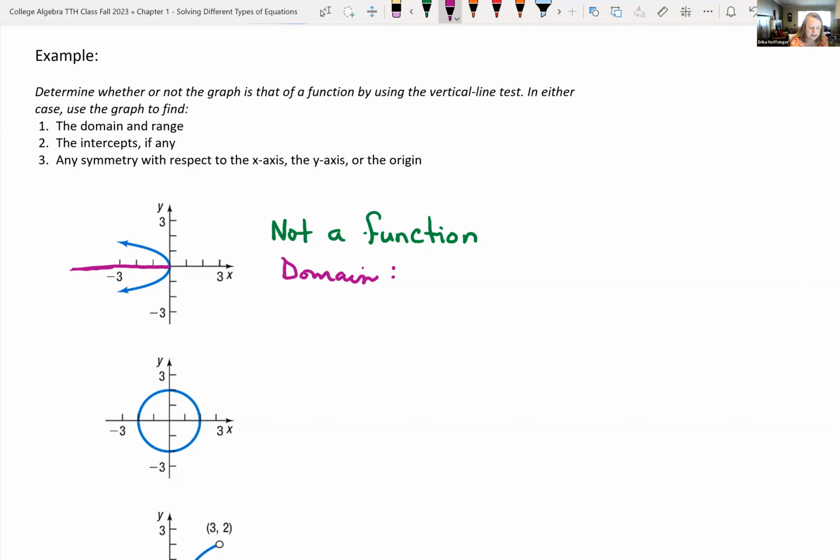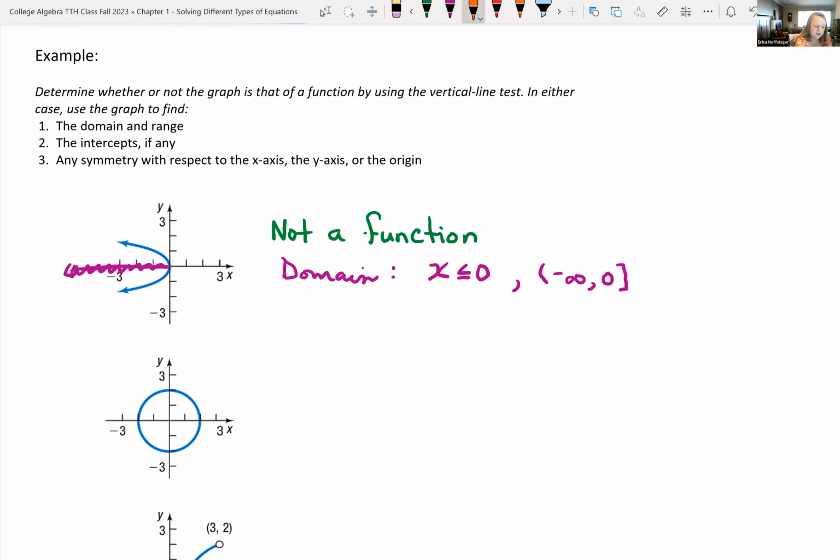So one way to write this, in inequality notation, is that x has to be less than or equal to 0. Another way that we stated this in interval notation was negative infinity to 0, it includes the value of x equals 0, so we put the bracket. So we're hitting all of those x values.